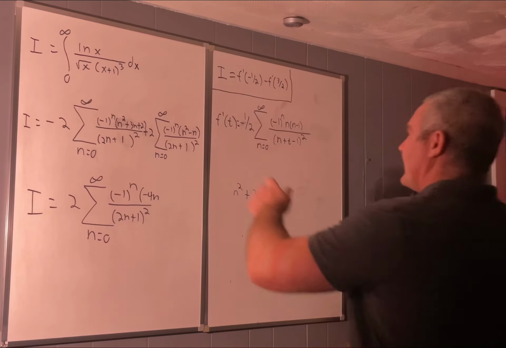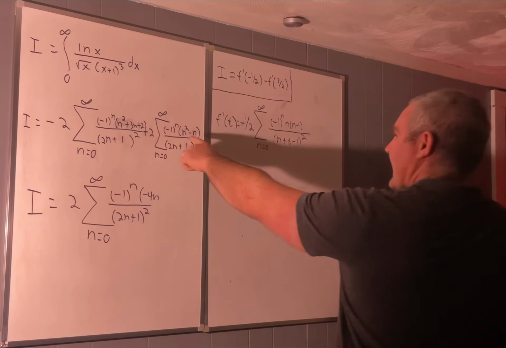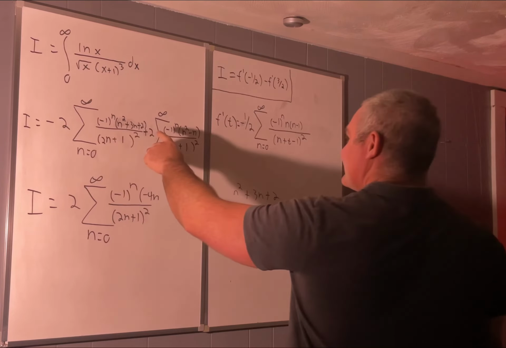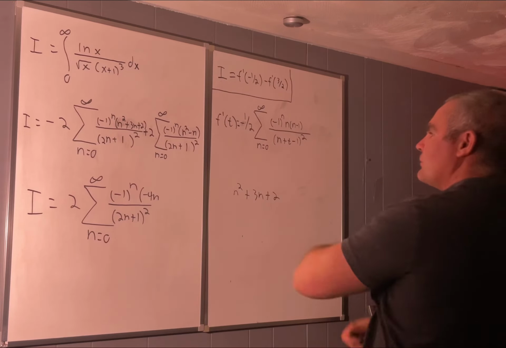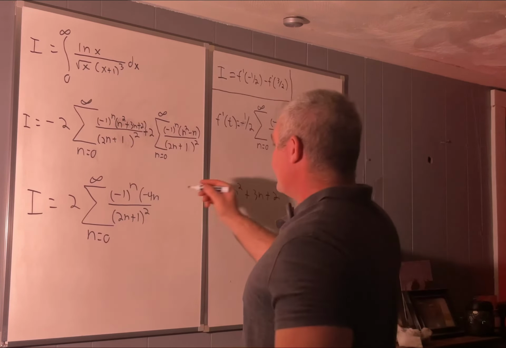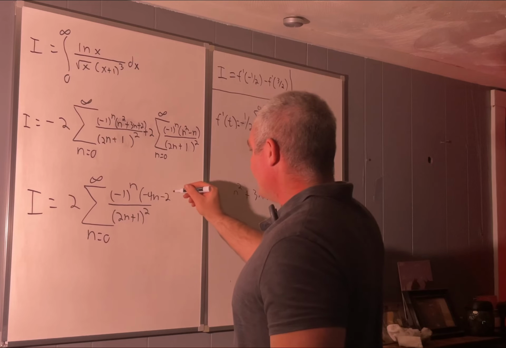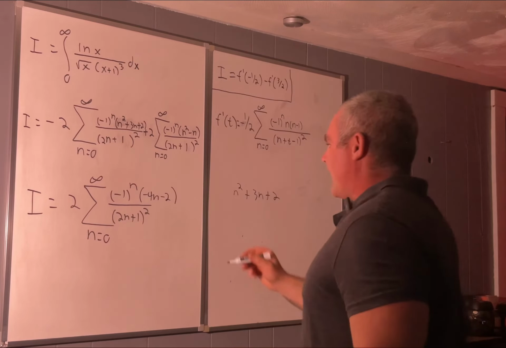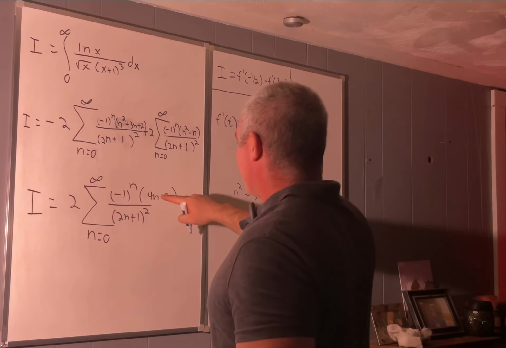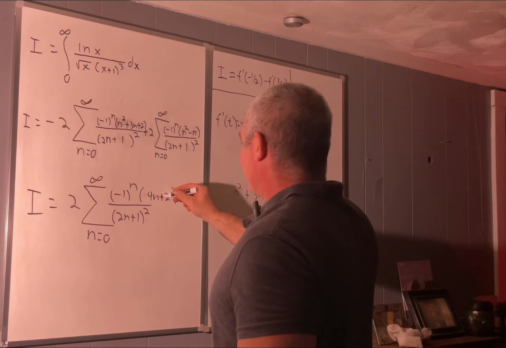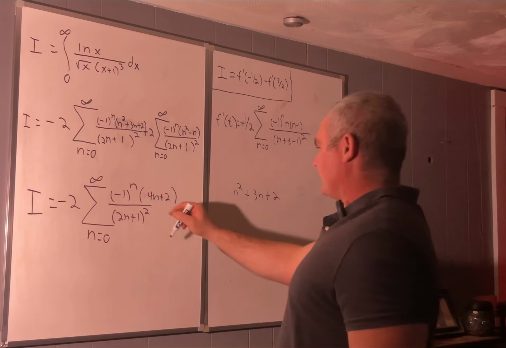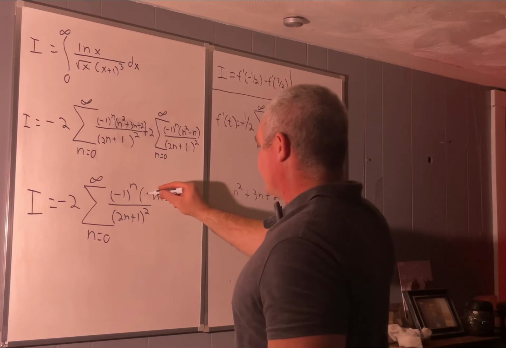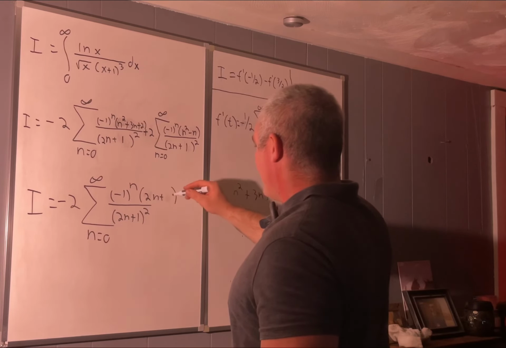And then we'd simply have minus 2, right? Yeah. And then we'll factor out the negative sign to give us 4n plus 2. And then we'll factor out a 2, giving us 2n plus 1.